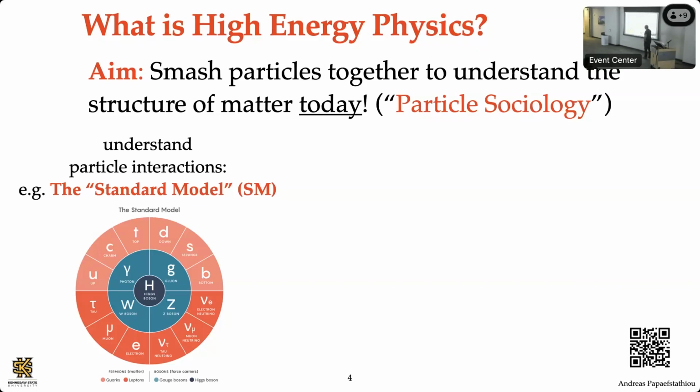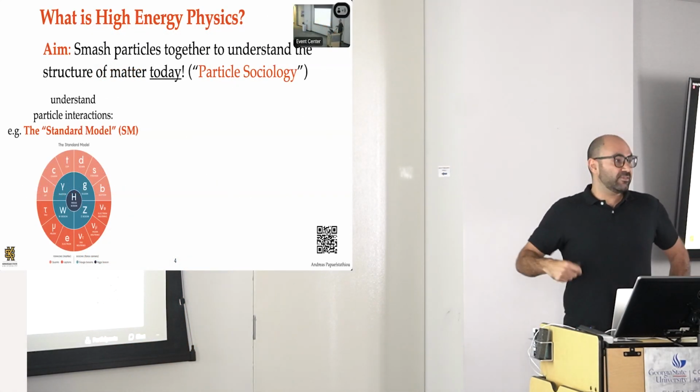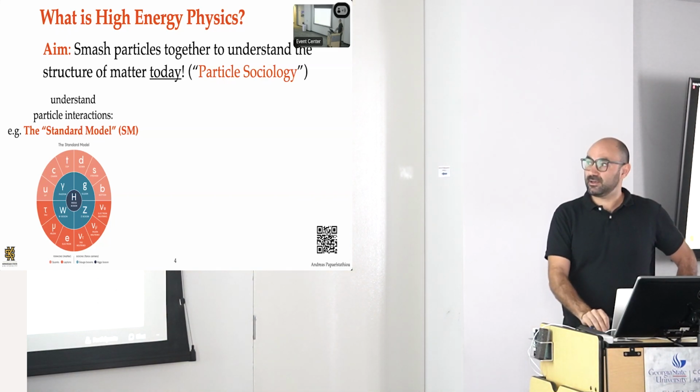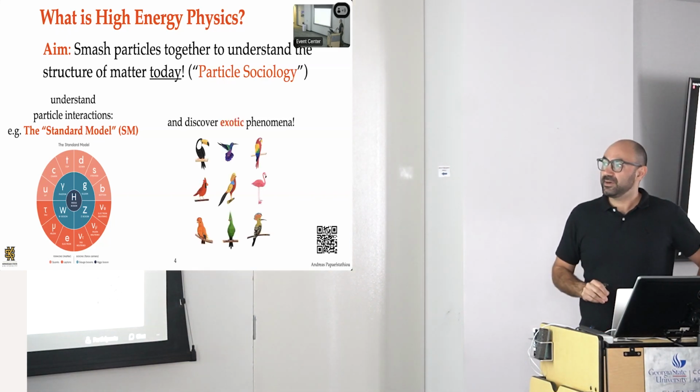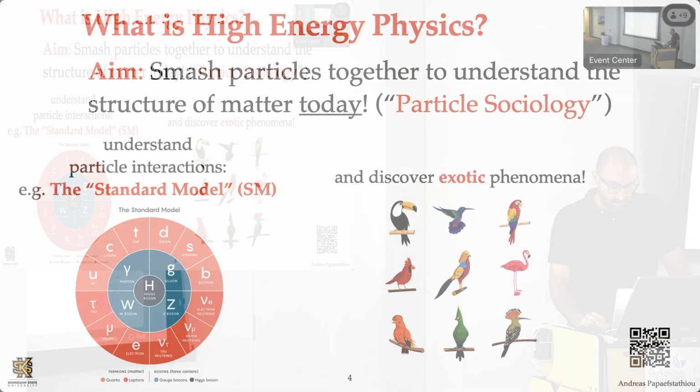Let me just mention at the center lies this Higgs boson that I'll be discussing later on. So understanding the interactions of the known particles is definitely something that we're interested in, but also discovering exotic phenomena. So is there anything beyond this that we haven't seen so far? That's definitely something that we are interested in the field of high energy physics.